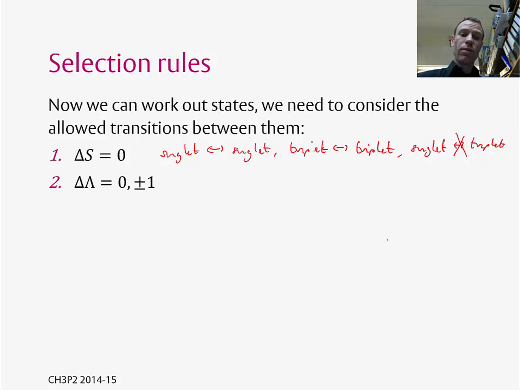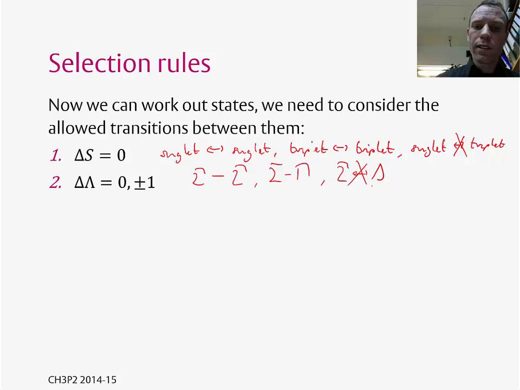The next selection rule is similar to our delta L rule for atoms. Delta lambda can only take the values 0 or plus or minus 1. So we can go sigma to sigma, we can go sigma to pi, but we can't go from sigma to delta, because sigma to delta corresponds to a delta lambda of plus 2, so that's not allowed.